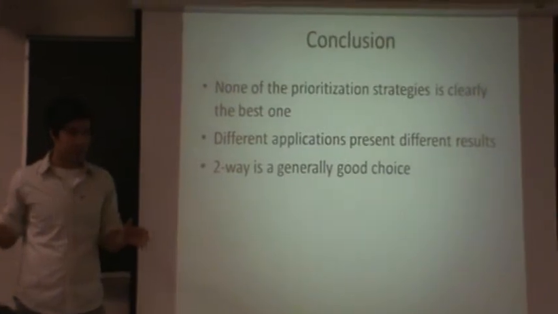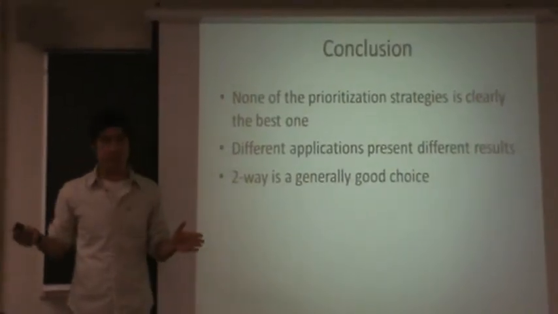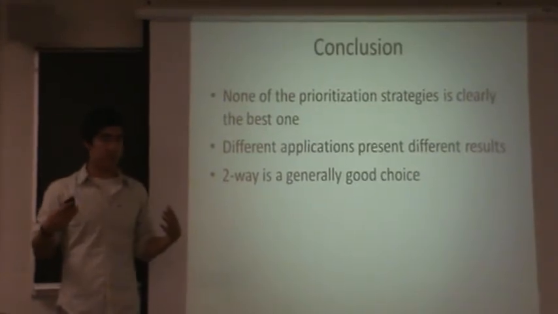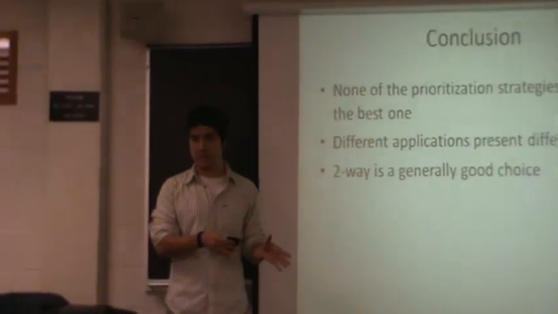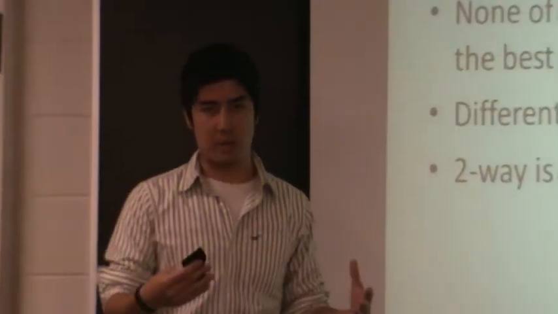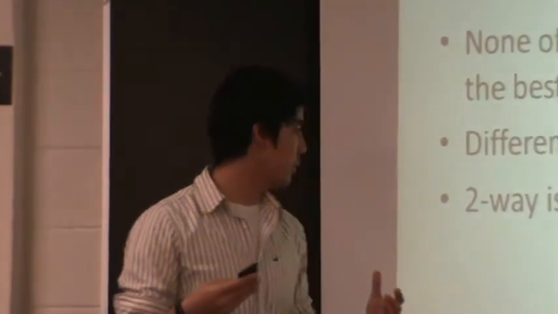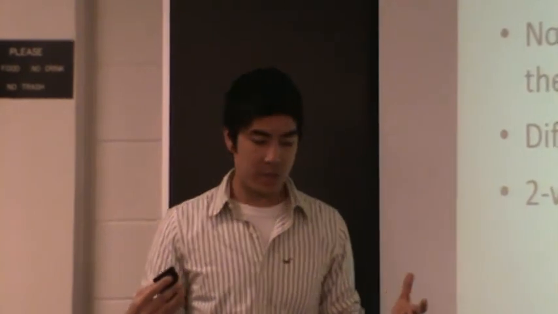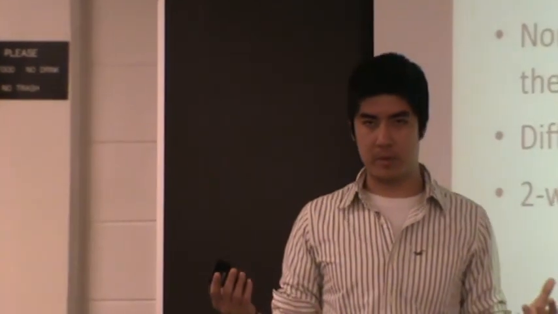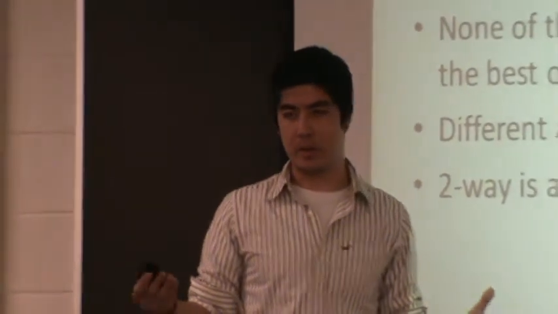So in conclusion, none of the prioritization strategies is clearly the best one, because different methods are good for different applications or depending on the goals of the tester. Two-way is generally a good choice, but for instance, if we have a large number of parameter values, we may want to order the test cases by parameter value interaction coverage.